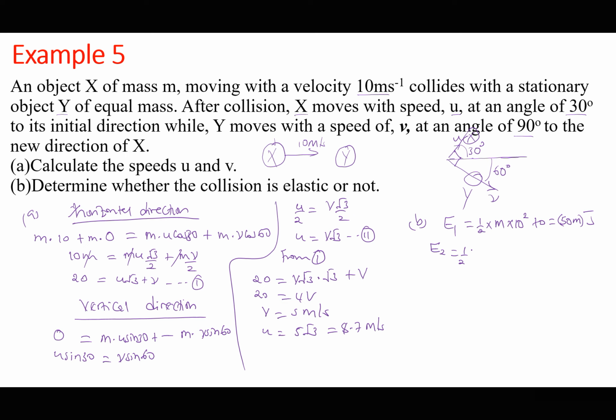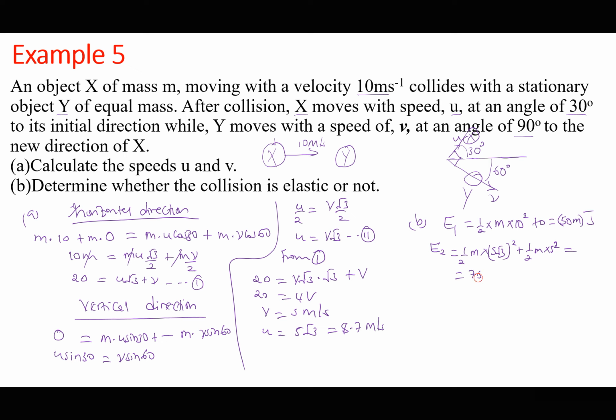So we don't say this cos this, no. So this is going to be a half times m, for x, u was 5 root 3, but this is squared, plus for y it is a half m times 5 squared. 5 root 3 squared is the same as 25 times 3, 75.